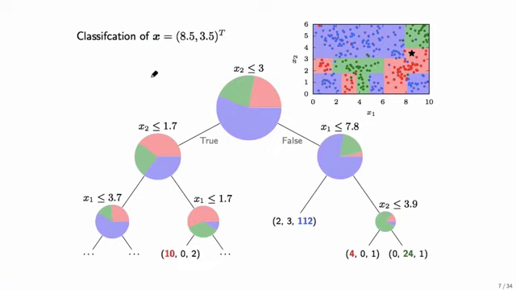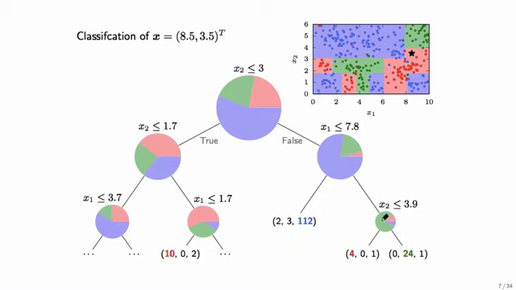Let's go back to our example. Let's say we want to classify the point (8.5, 3.5), which is seen as a star right here. Then we would start at the root node, and 3.5 is larger than 3. So we move down here. 8.5 is also larger than 7.8.